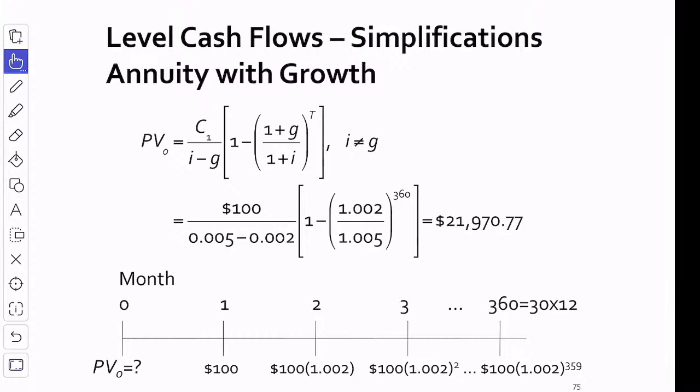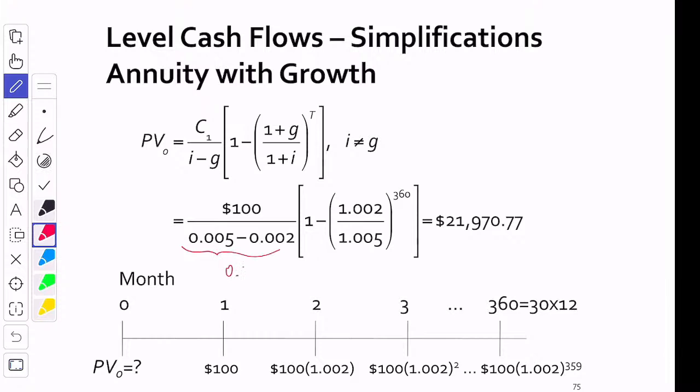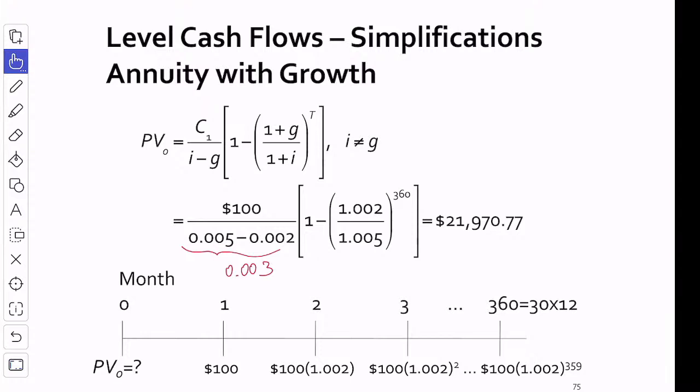Okay, so let's do this together. Here I've put all the numbers in carefully, and I have to punch this in my calculator. So what I'm going to do is simplify this to begin with. So this is 0.003. And where I'm going to start is here. Now this is why I really want you to use the TI BA2 Plus, because you have to practice how to enter this if you really want to write those professional exams. You have to practice how to enter it on that calculator, because that's the only one you can use.